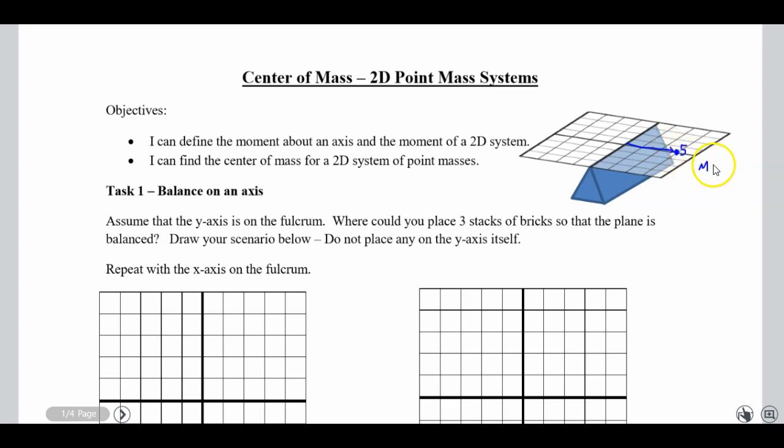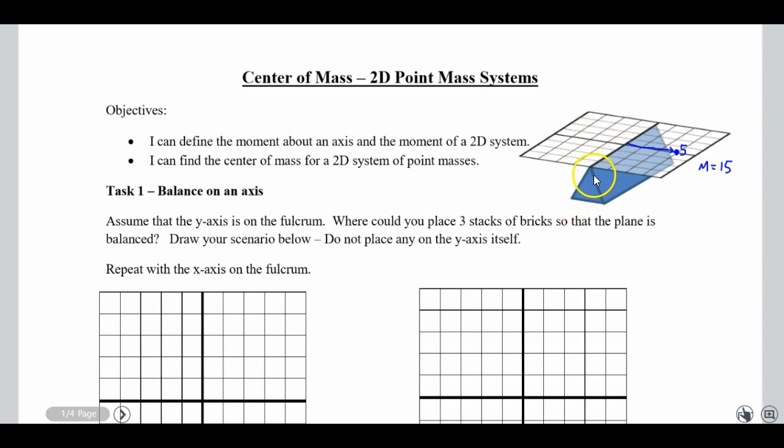So 5 times 3 would give us 15 for that moment. And then with the 1D, if you think of maybe just being along this central axis here, we would just try to place either one or more masses so that the moments would equal. So 15 on the right, 15 on the left. Usually we use positive and negative distances for those moments.